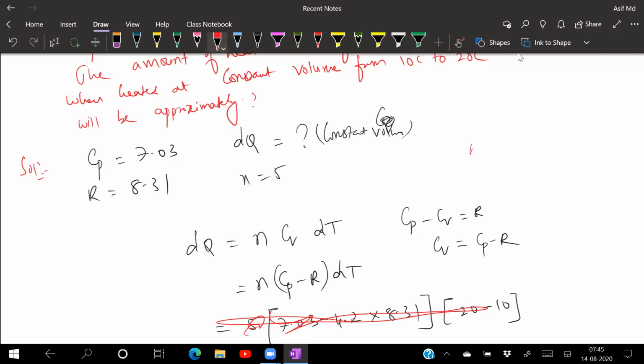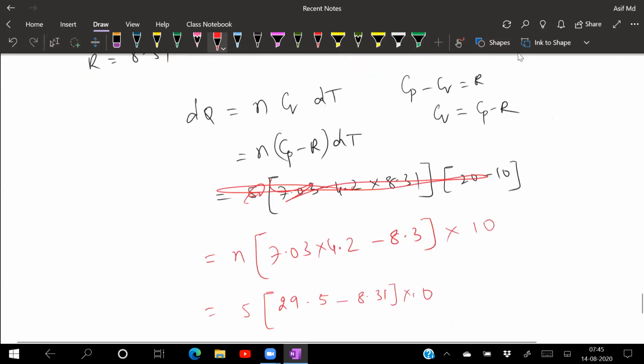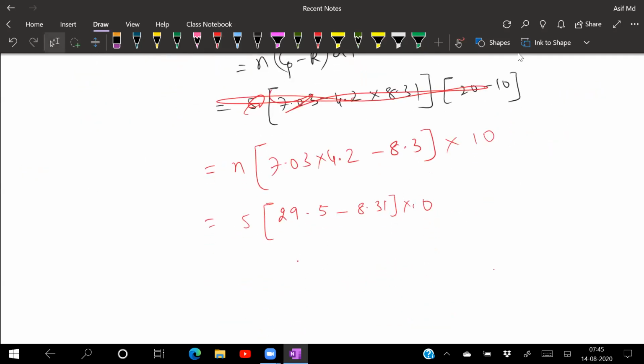Sorry, here, beta. 1 calorie is equal to 4.2 joules. So if I do the simplification right now for this one, we are getting 7.03 into 4.2, because a calorie is 4.2 joules. So dividing it and simplifying it, we get approximately 5 into 21.21 into 10, in joules.